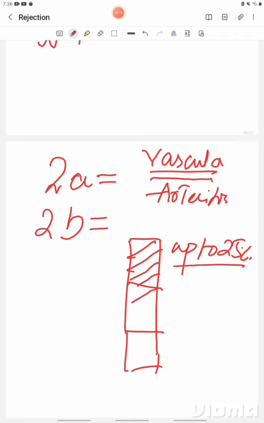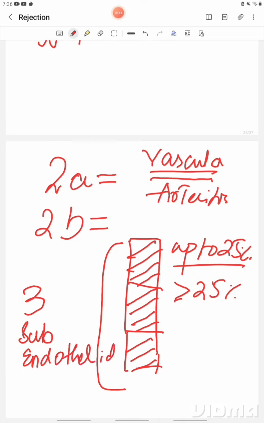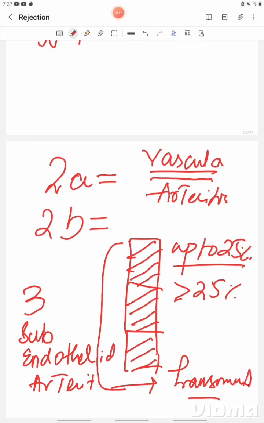If it's involving greater than 25%, up to 50% maybe, we say that this is 2B. But if it's involving the whole vessel, then we call it class 3, which is transmural arteritis, because all the segments are involved. So this is 3.